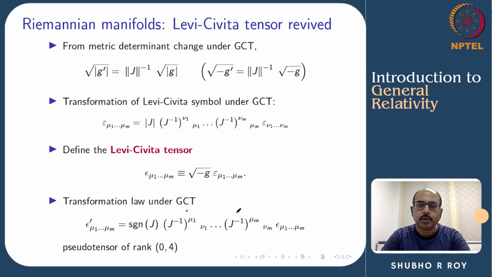So you can say, well, this is not a tensor because you have the sign of J appearing here. But that is not a big deal, especially for continuous coordinate transformations. We do not reverse the handedness of the axes. For example, if we don't allow parity or time reversal, then this sign of the Jacobian will always be positive, and it will go away.